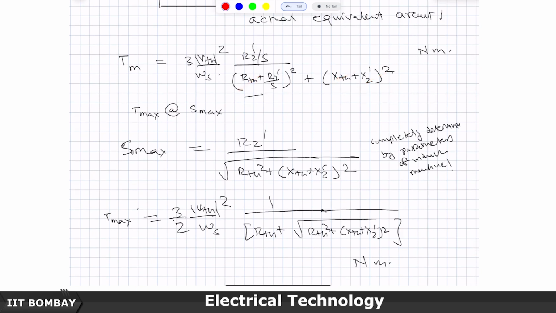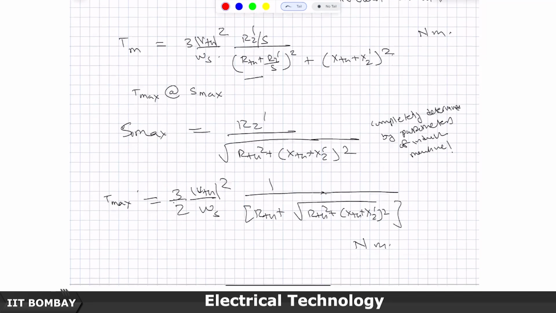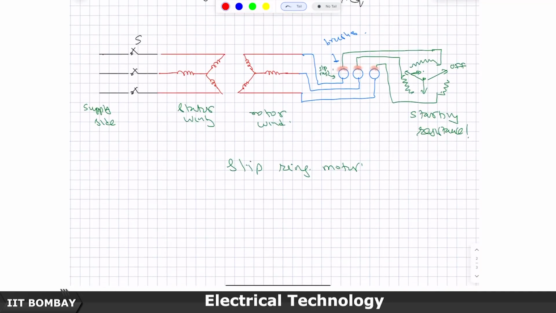So, really speaking, slip will be determined, I am not controlling the slip. What I can only control really speaking is R2 dash, and how am I controlling the R2 dash? By connecting 3 resistors in series before closing this.